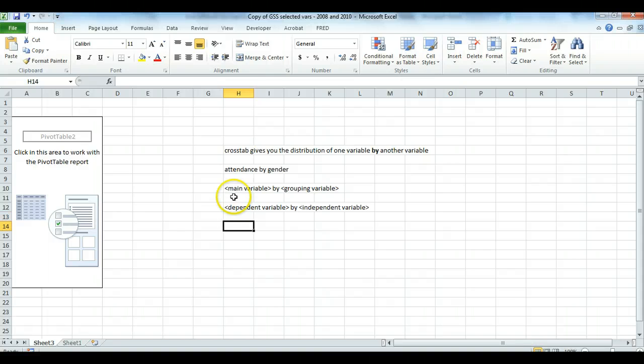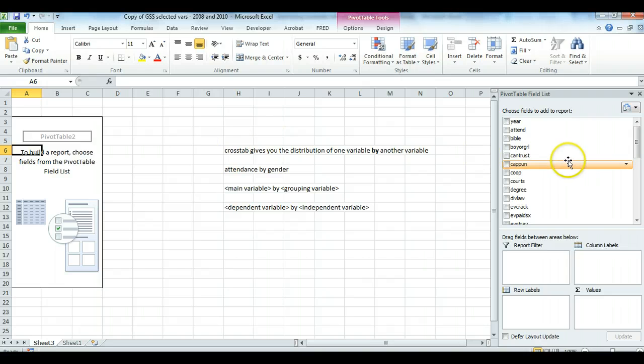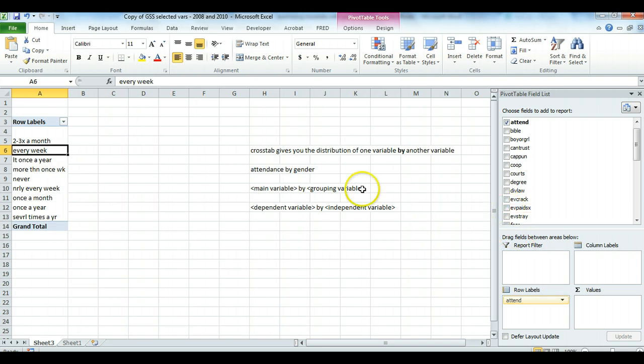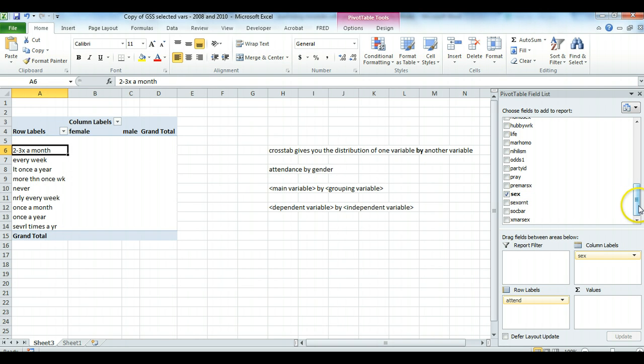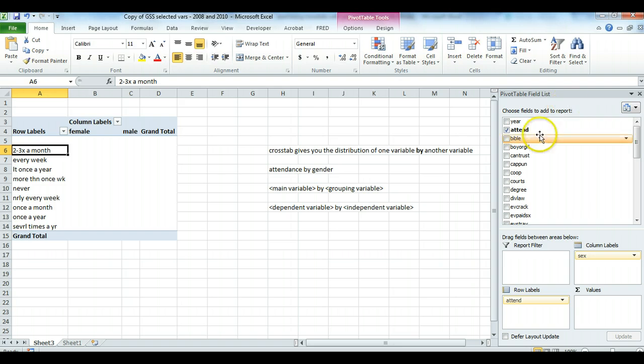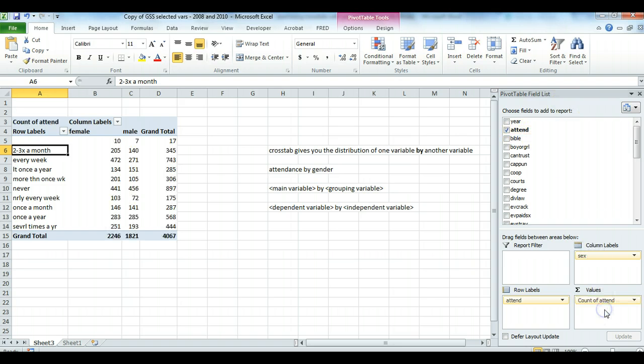Okay. And this is the convention that we use with a crosstab, to always put the dependent variable in the rows. Dependent variable being attend, drop that in the rows, and then the independent variable, gender, sex, is in the column.